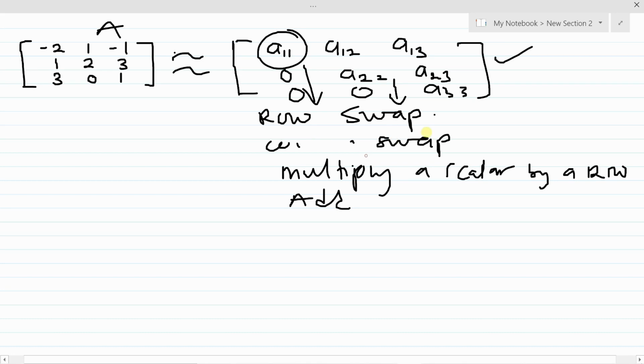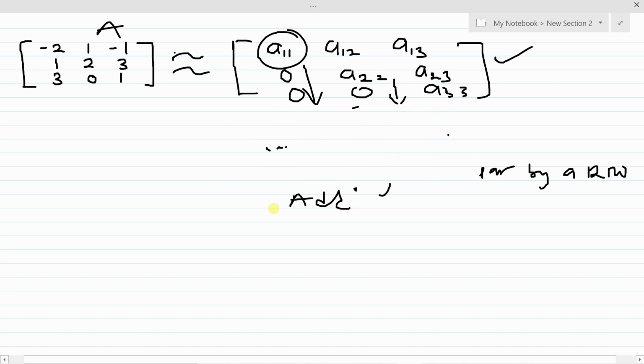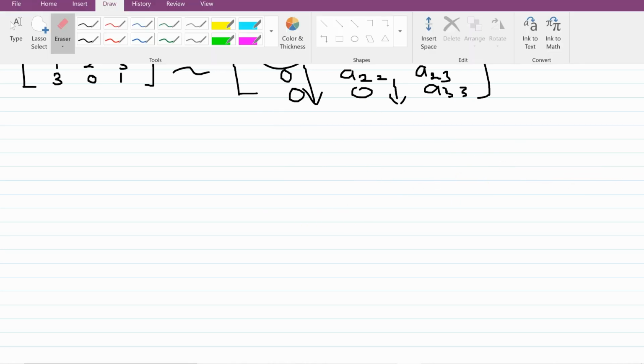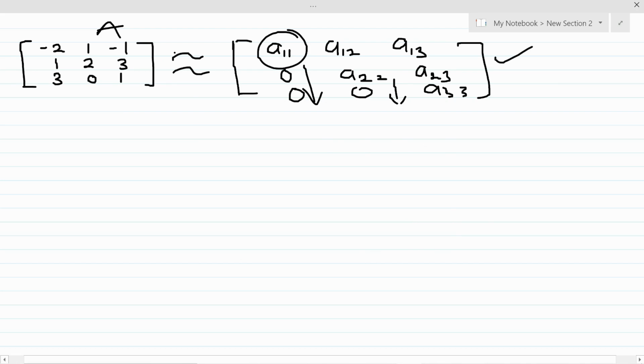Now with all these ideas, one thing I would advise is to always make sure that your A11, that is your leading row, starts with an element of 1, so that each reduction becomes easier. Looking at this matrix here, the second row has an entry starting with 1. So one thing we can do is swap row 1 and row 2. We write it symbolically like this, meaning they will be swapped.